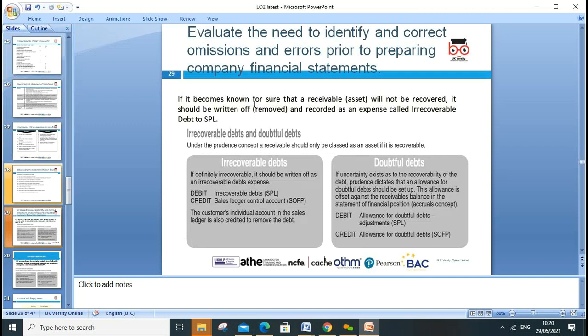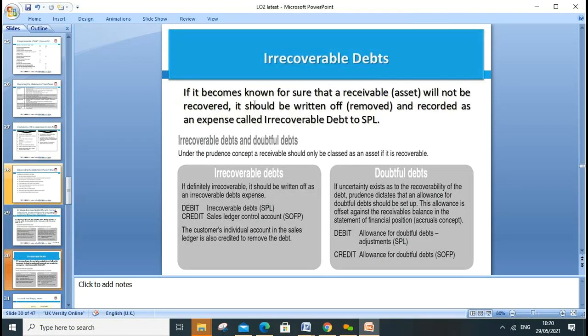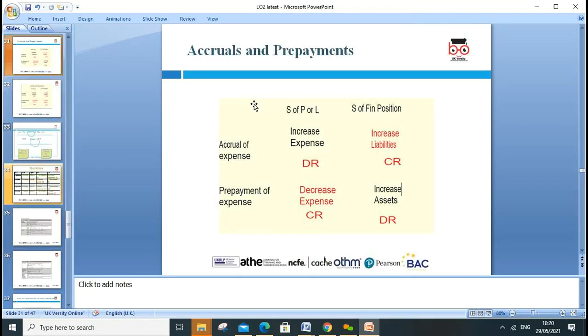Integrating the cash flows, we can evaluate the needs and identify the correct omissions, errors. If we have, previously, we can look around the bad debts, the irrecoverable, doubtful debts, so we can make an adjustment entry. We can look around accrual and prepayment adjustments. So an accrual expense is a liability.